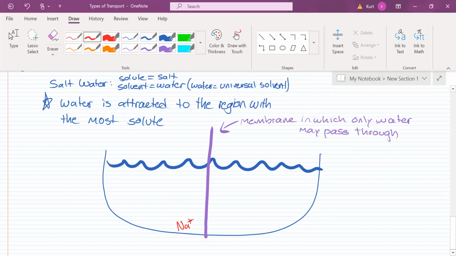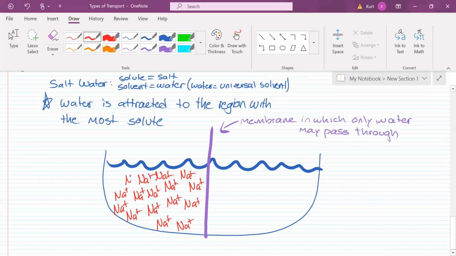Sodium ions are an atom of sodium that has one more proton than electron, so it has a positive one charge. So I'm just going to draw a whole bunch of these guys, okay? A lot of them. Lots of sodium. And over here, I'm just going to draw a few.